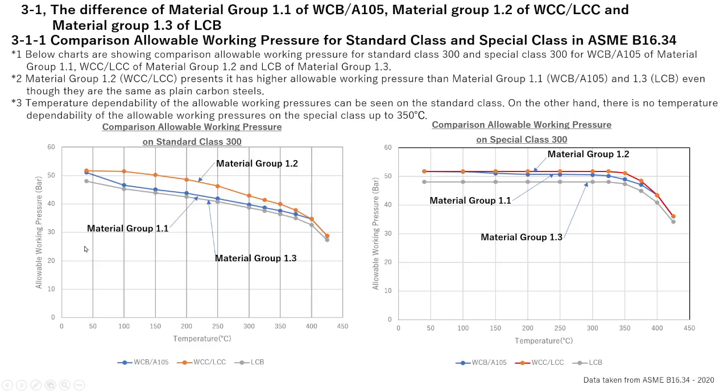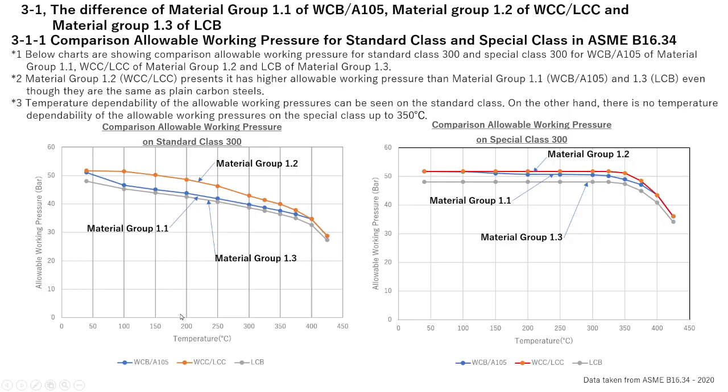So, as shown in the attached chart on the relationship between the allowable working pressure and temperature, in the case of rating class 300, there are two charts: the left side chart indicates standard class 300, and the right side indicates special class 300.